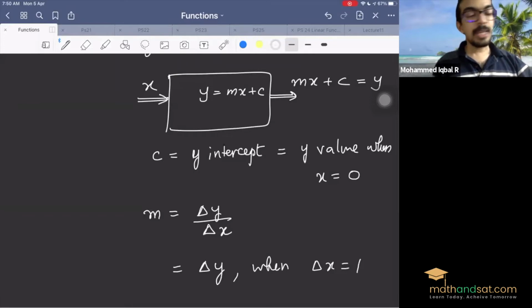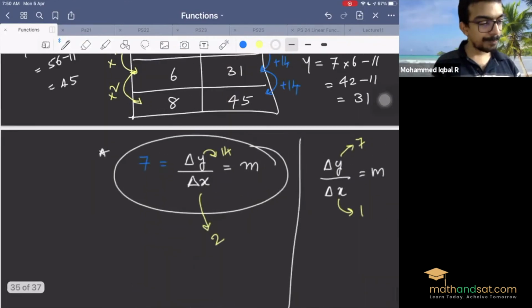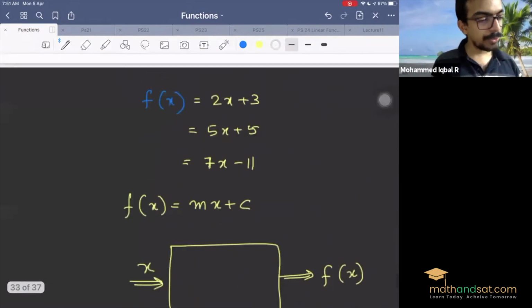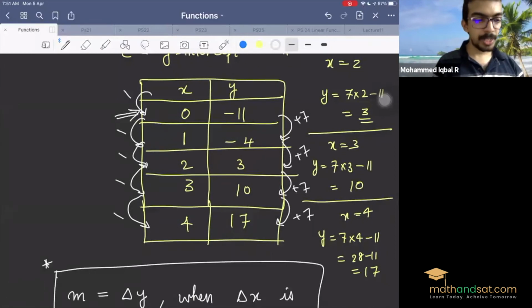See, what do you think is the most remarkable thing about linear functions? We have seen several examples. What do you think is the most remarkable thing about the linear relationship between x and y? You know, this m value, the change in y over change in x, is a constant.